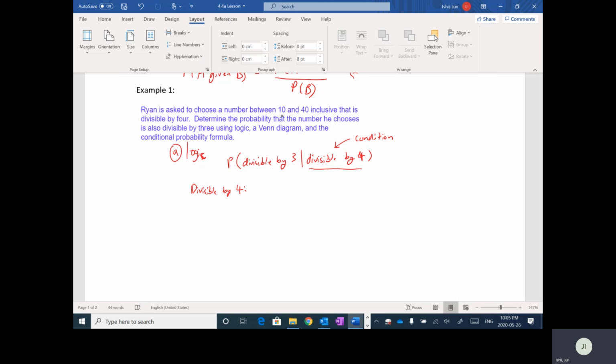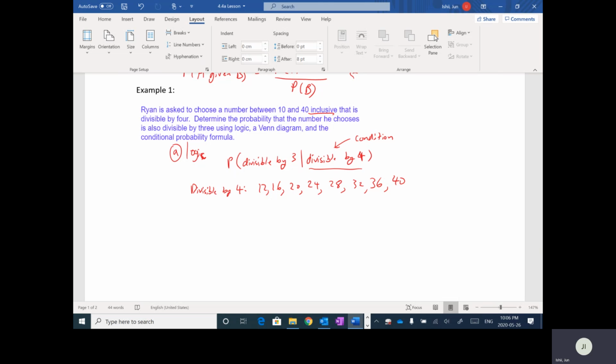The first number would be 12, then 16, 20, 24, 28, 32, 36, and also 40. When it says inclusive, it means it's including these two numbers here.